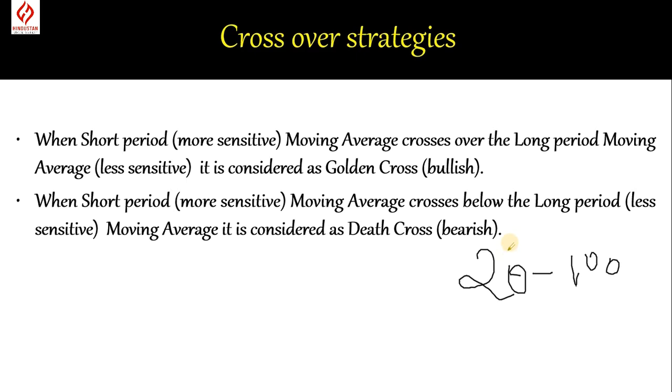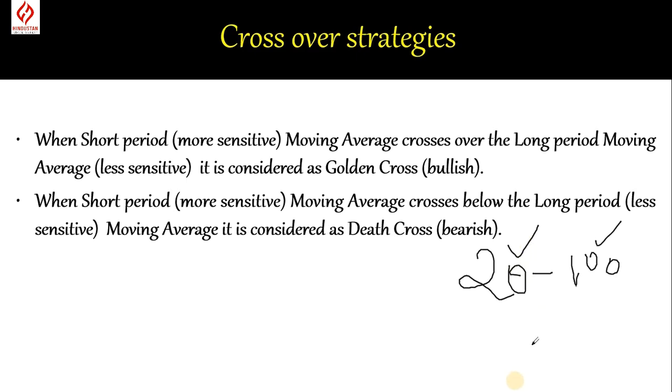So this is short period moving average and this is long period moving average. Short period moving average is also known as fast moving average or more sensitive moving average, whereas long period moving average is also known as less sensitive moving average or a slow moving average, right?